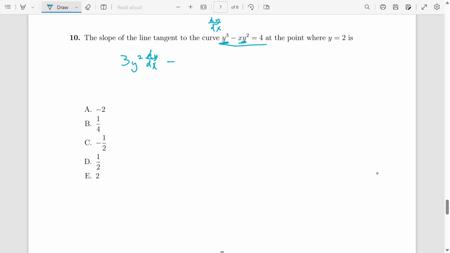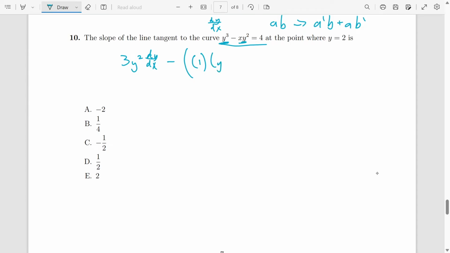Okay, we have to do a mini product rule here. Let me write it up again. We'll try to nail it in all your guys' heads. AB, taking the derivative, gives a prime b plus ab prime. So this is now a prime, that's x, which is just 1. We just took the derivative of x, which is not y, so we don't multiply it by dy over dx.